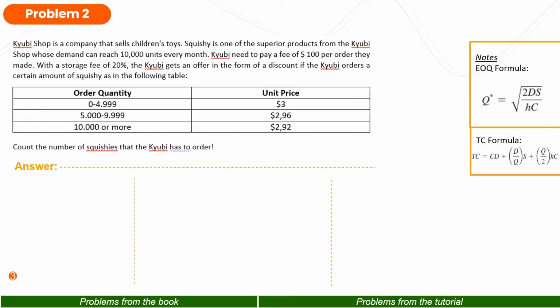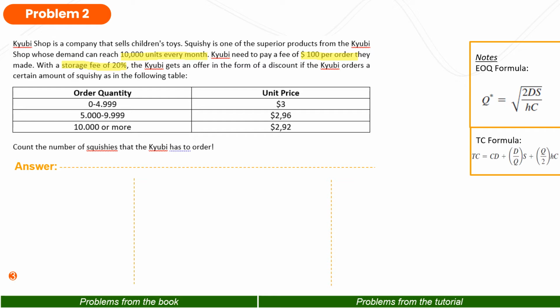Okay, next problem 2. So there is a company named QB Shop that sells children's toys. The product is squishy, and it has a demand of 10,000 units every month, and QB needs to pay a fee of $100 per order, and it has a storage fee of 20%.